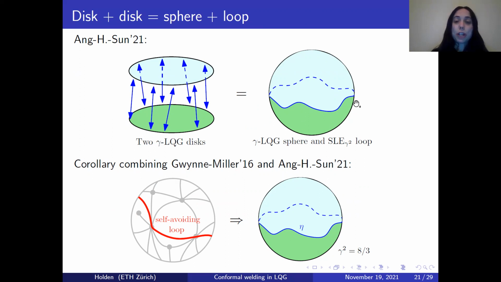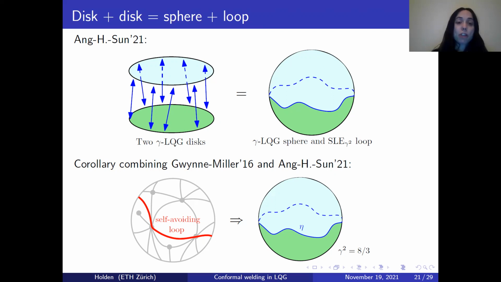And we prove that the resulting object we get is a Liouville quantum gravity sphere. And this LQG sphere is decorated by an SLE loop, which has parameter gamma squared, where gamma is the parameter of the LQG. And it is such that this SLE loop is independent of the sphere.